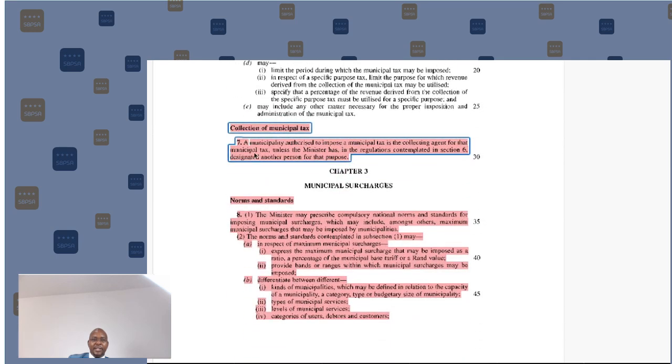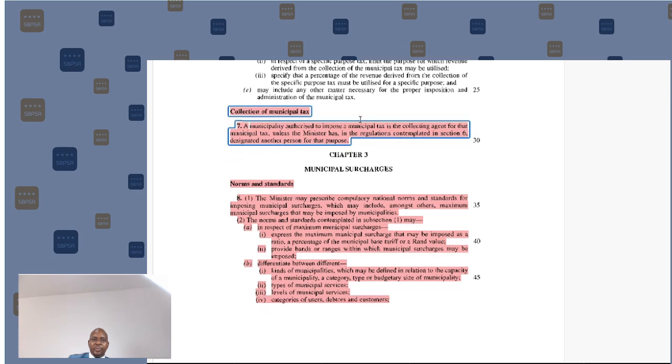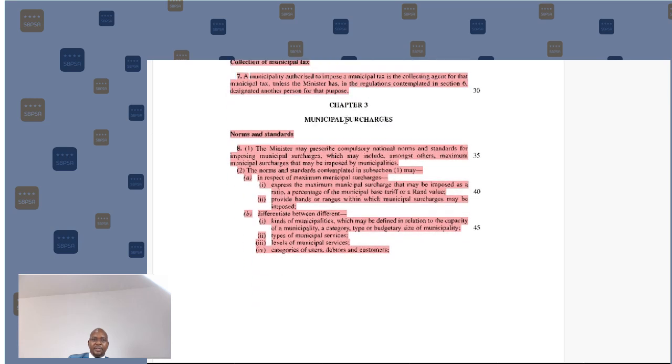Section number 7 is talking about the collection of municipality taxes. A municipality authorized to impose a municipality tax is the collecting agent. Remember, when we dealt with the provincial tax, we said the collecting agent is the South African Revenue Service. Here we are told that the municipality will be a collecting agent themselves.